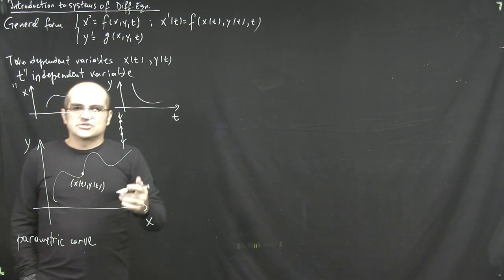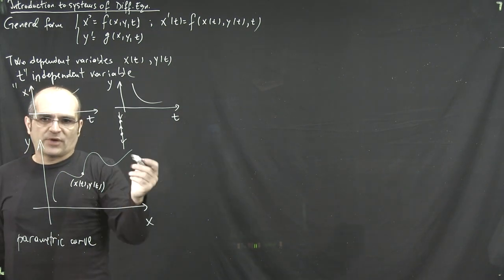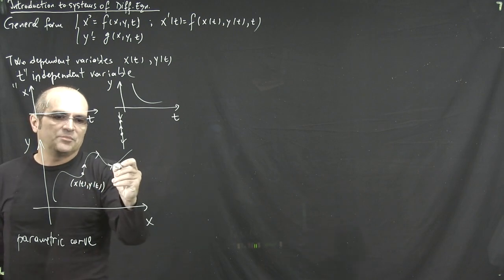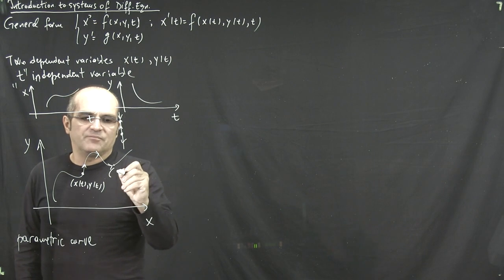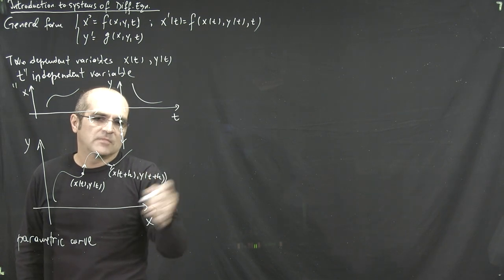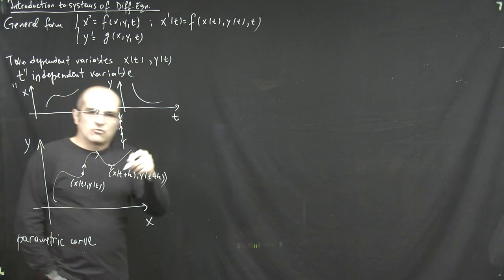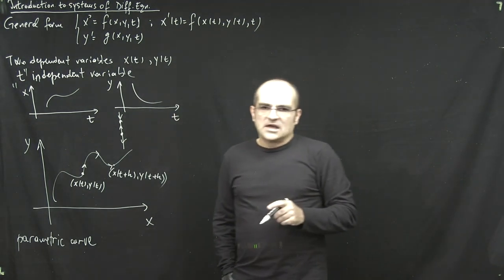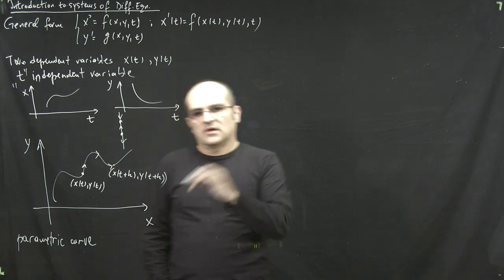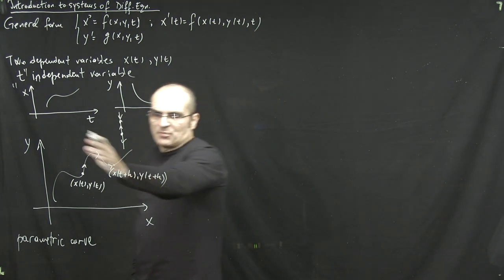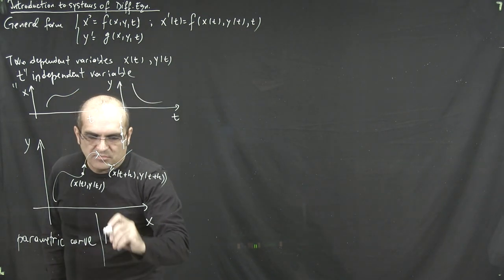So as time changes, this way of representing the solution will give you a motion in the plane. For example, here could be another point at a later time, let's say x of t plus h, y of t plus h. And that's why you have also an arrow. You can indicate by an arrow how the solution moves as t goes from 0 to infinity or backwards in time. So this type of representing the solution is called the phase plane.